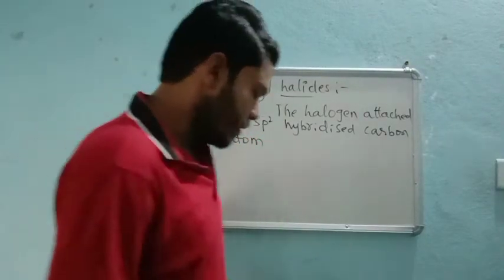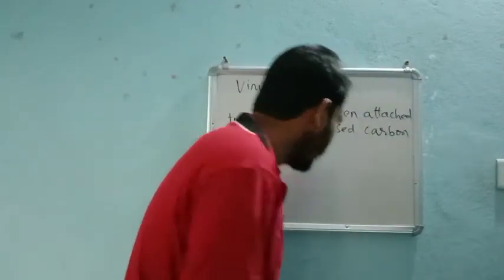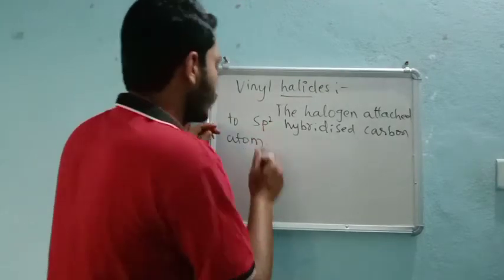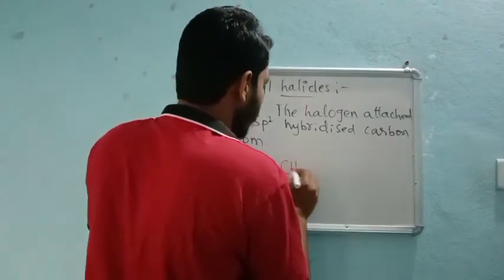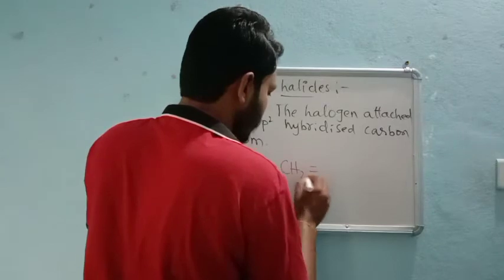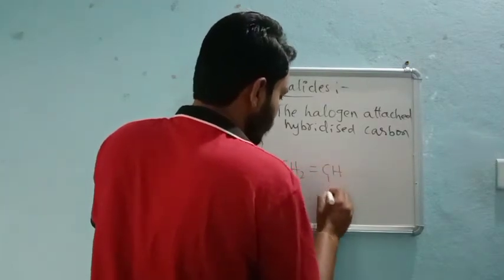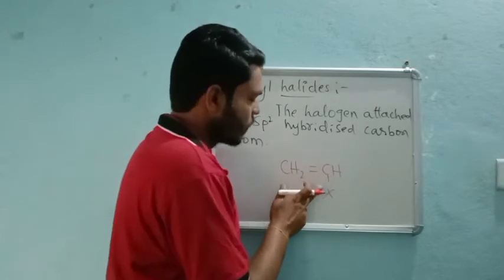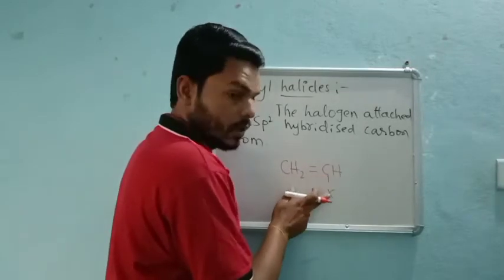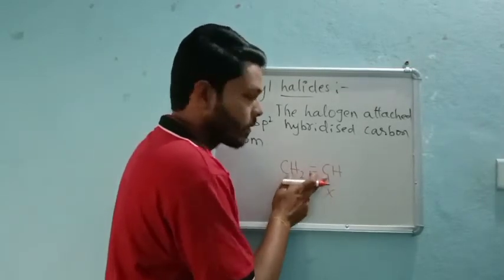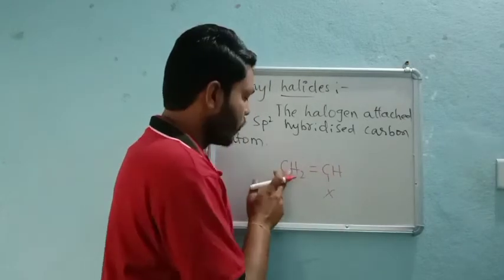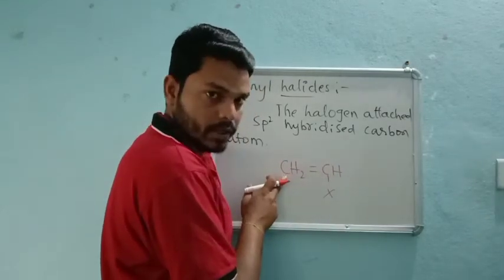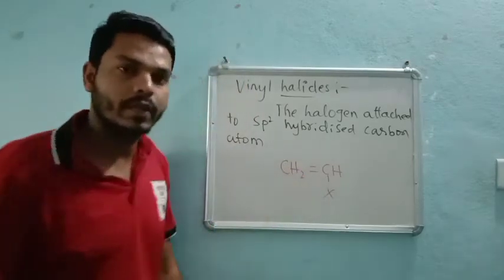The halogen must attach to an sp2 hybridized carbon. Take an sp2 example, CH2=CHX. If you show the X atom or a halogen on this carbon, it is also the same.